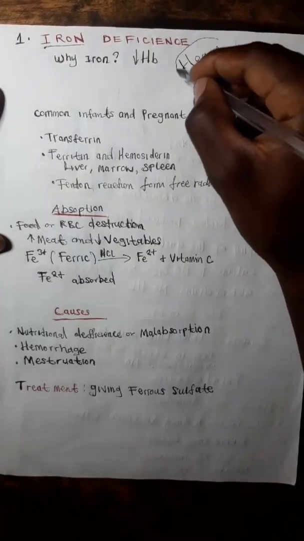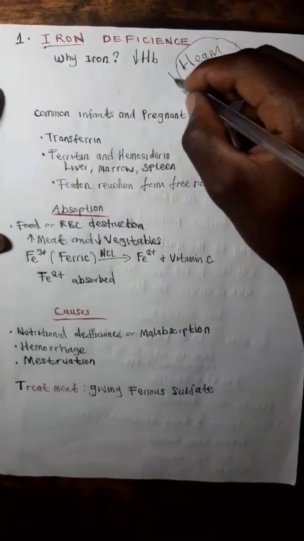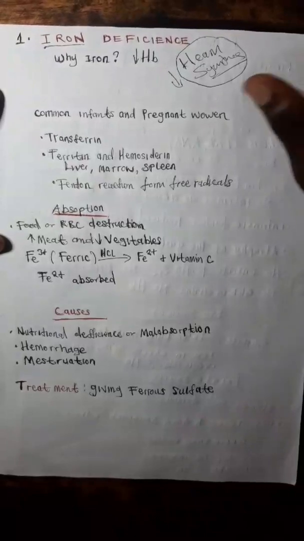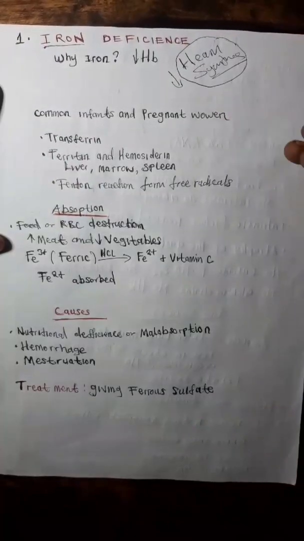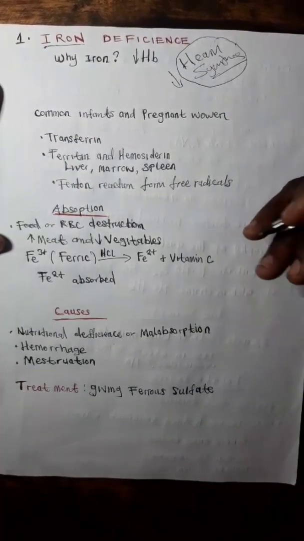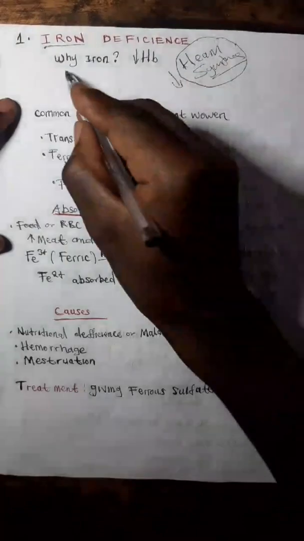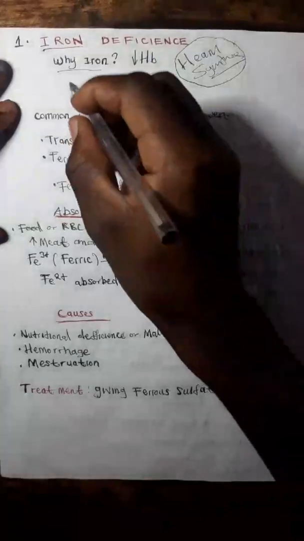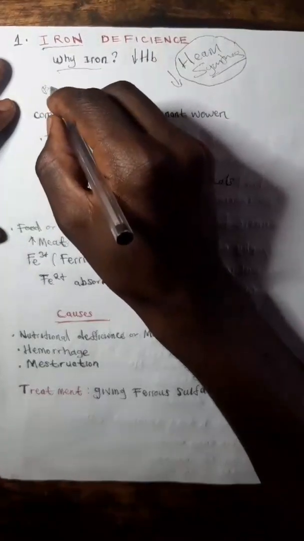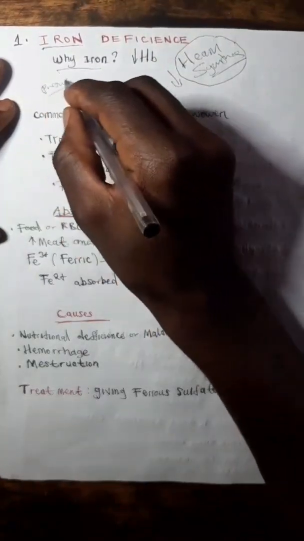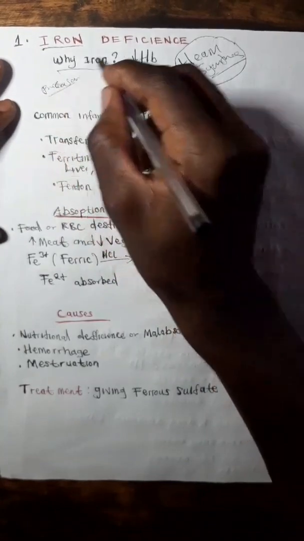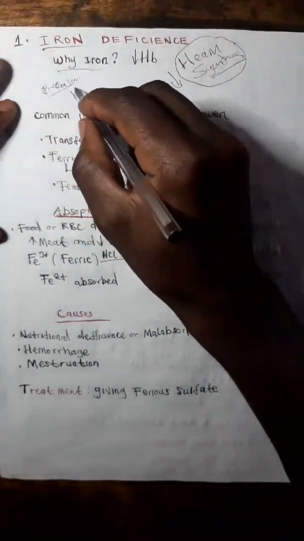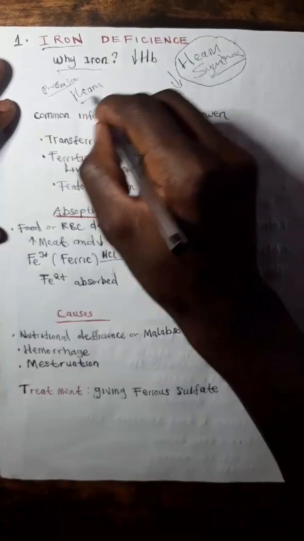So just not having enough iron for the heme synthesis. Now, why can iron deficiency cause anemia? Iron is the precursor for making the heme.